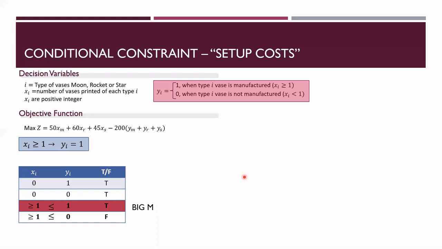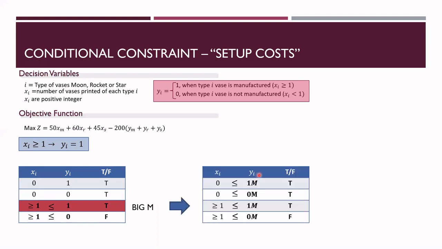And that's why we use the big M method. The big M is just a big number, a big enough number to make the situation work for us. If we multiply yi by this big M, I will have all the statements true using this relationship, because this one here will still be false, this one here now is true, and the others remain true.